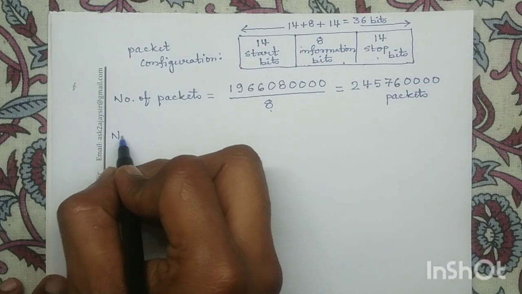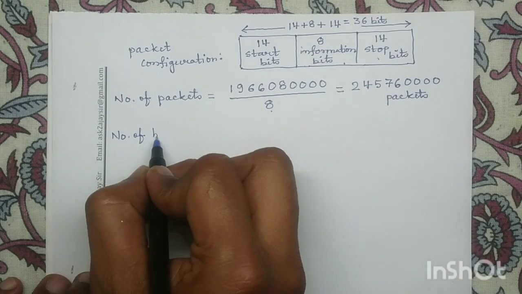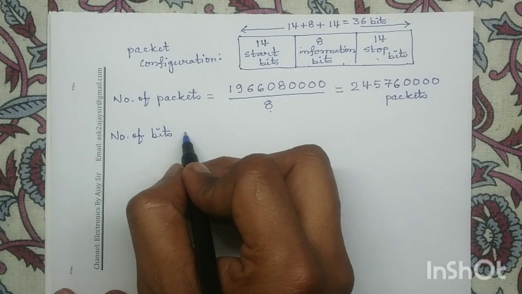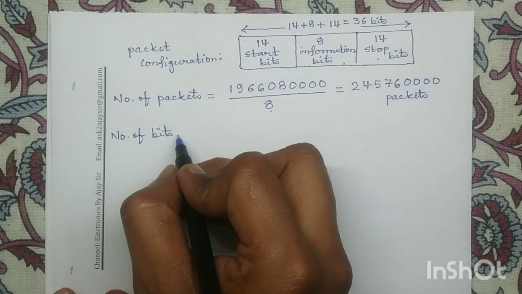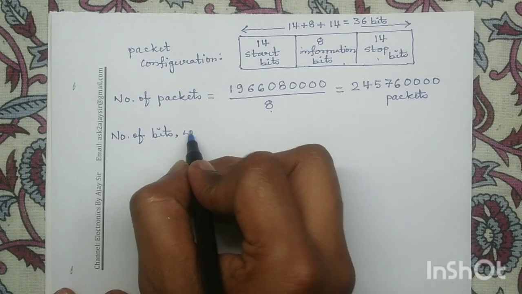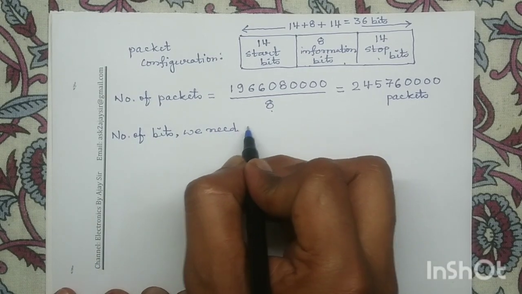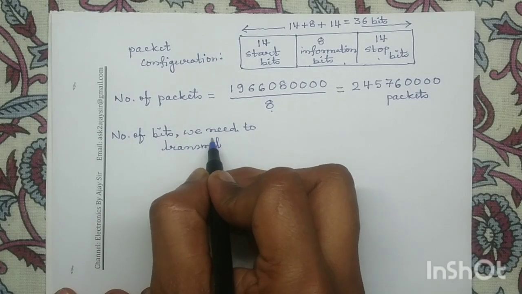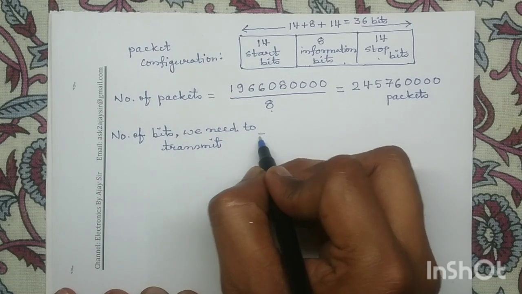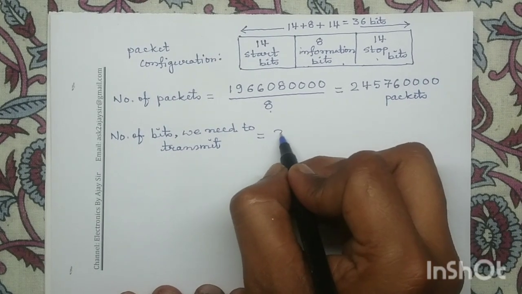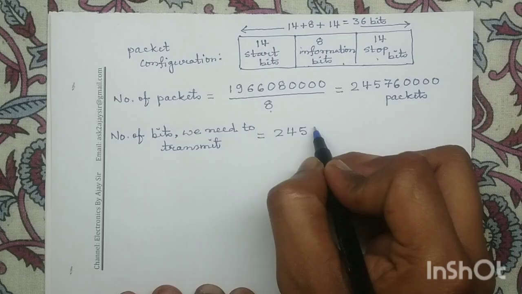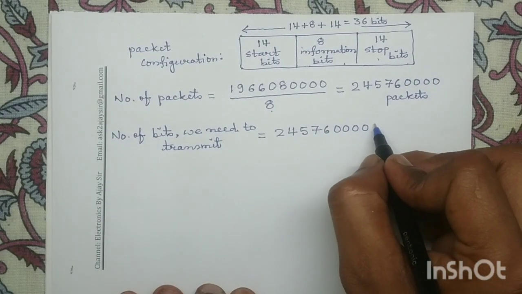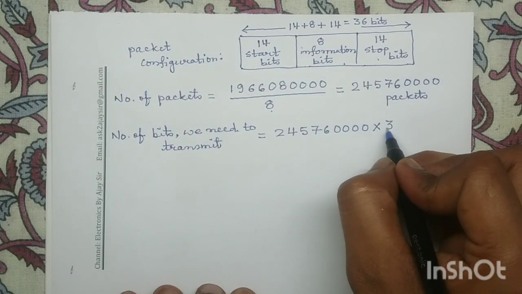So the total number of bits that we have to transmit in the form of packets is equal to the number of packets, that is 245760000 packets, and each packet consists of 36 bits.